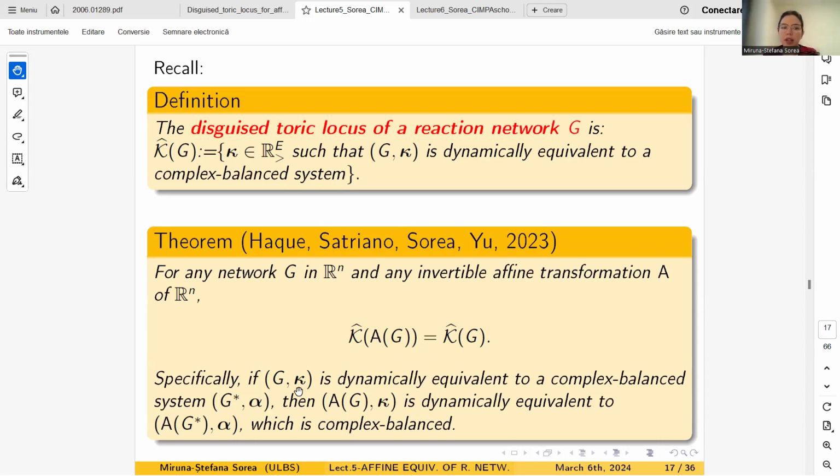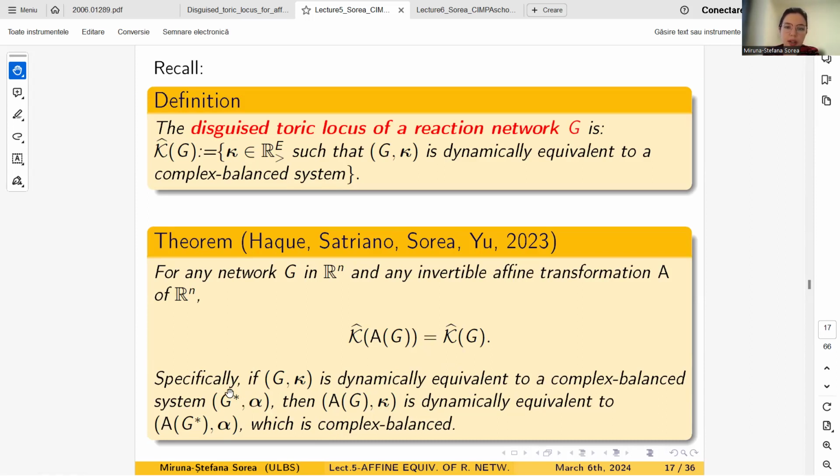To be more precise, if G is dynamically equivalent to another G star, here with different rate parameters K and alpha, then the images of G and G star also give dynamically equivalent systems.